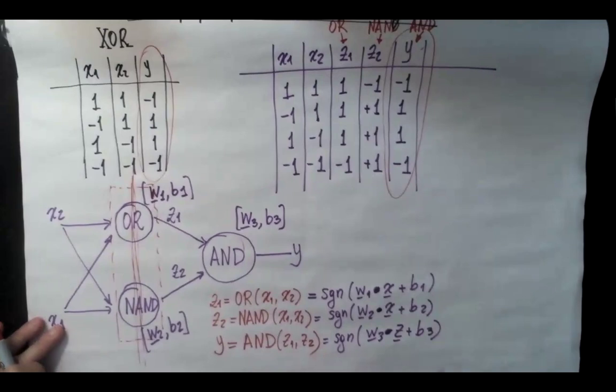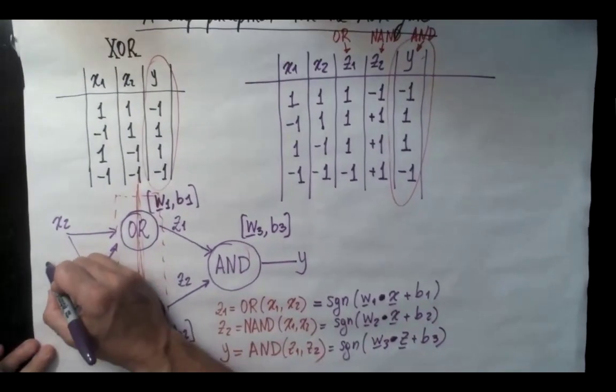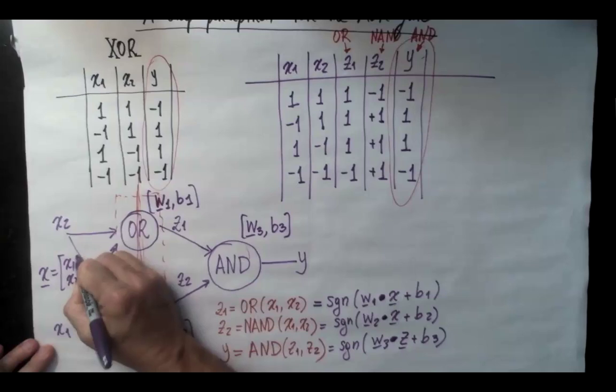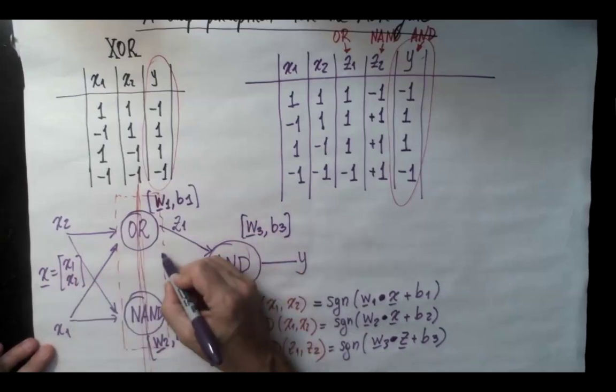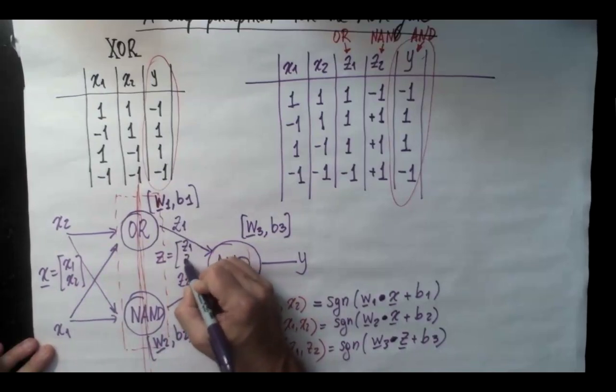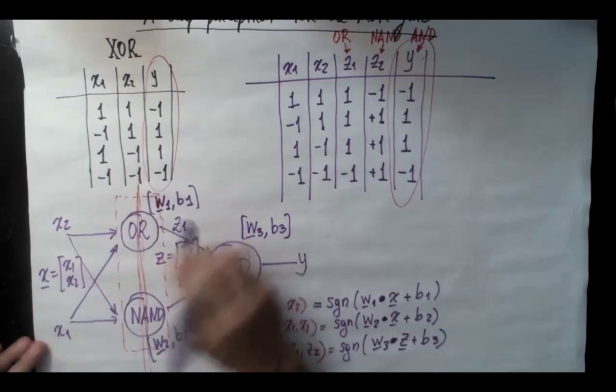Let me remind you that here we have our input vector x1 and x2, and the output of the first layer is given by Z1 and Z2.